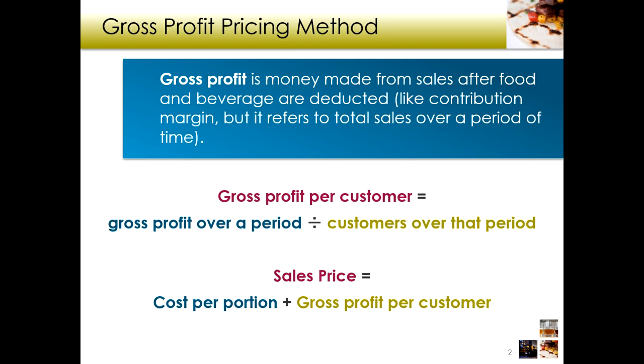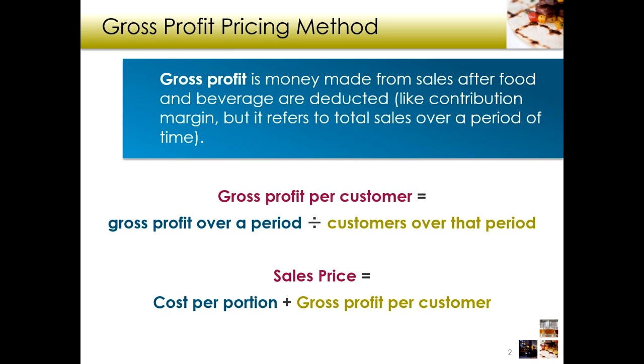Once we know the cost of our muffin or our coffee or whatever we're selling in our coffee shop, we can add that gross profit on. Generally that's going to be a very high percentage based on a very small cost proportion. That's why we use the gross profit method: although our percentages would look really good using a food cost percentage method, we're not going to generate enough physical dollars to pay for all our costs.